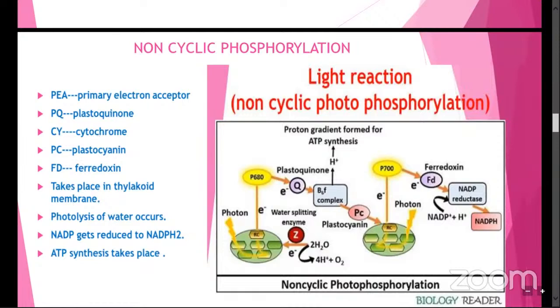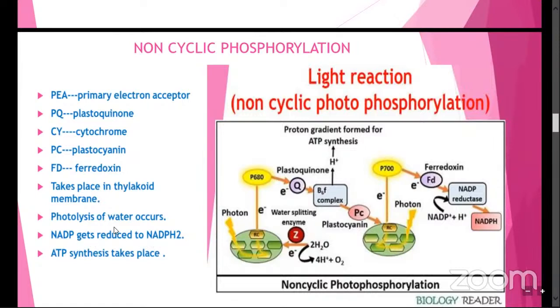And a few more important points. This non-cyclic photophosphorylation takes place in the thylakoid membrane, and during it, important events are photolysis of water and synthesis of assimilatory power.